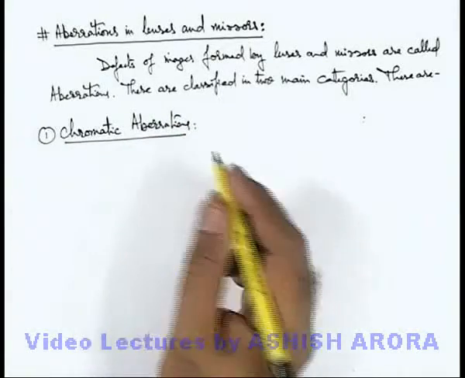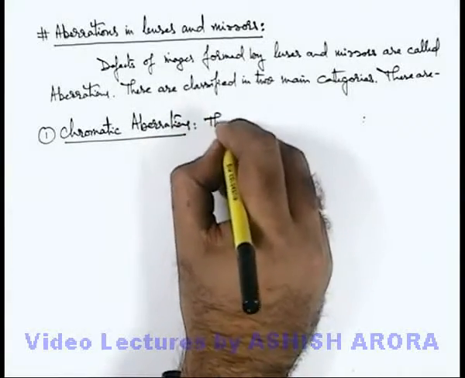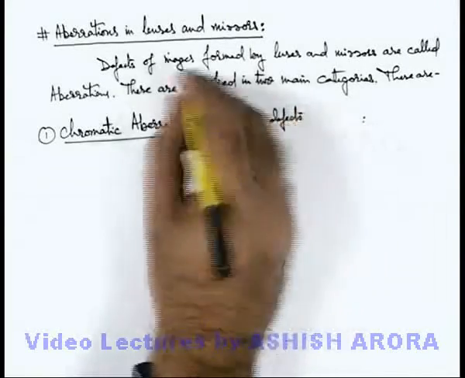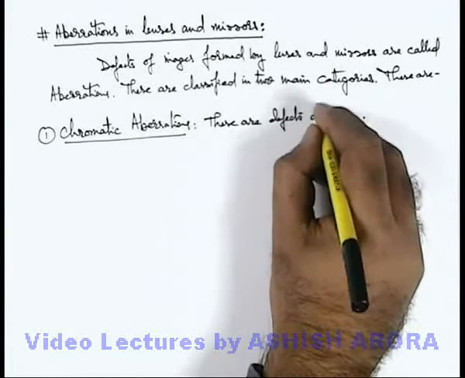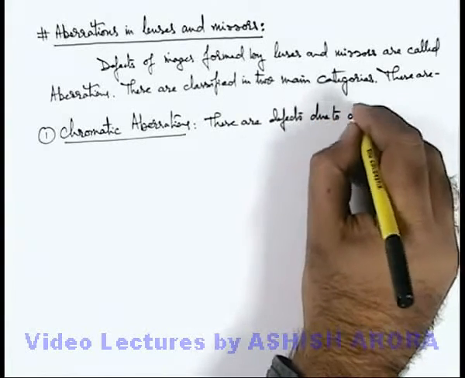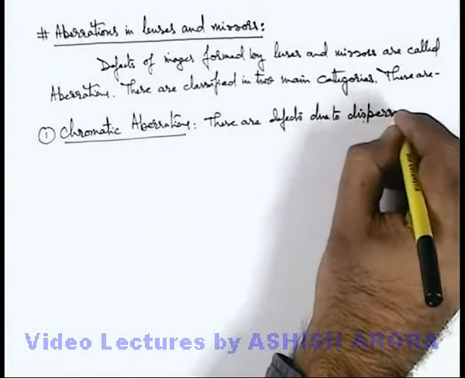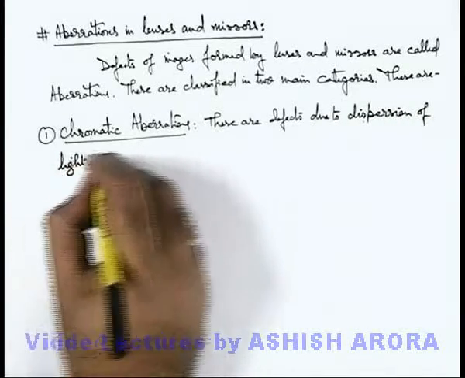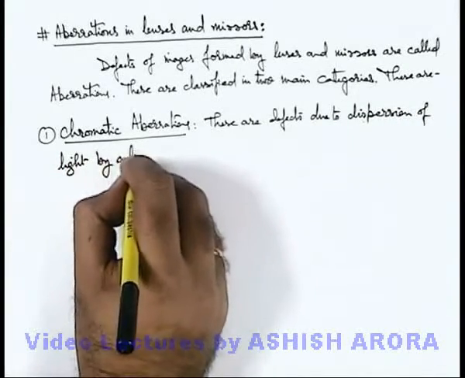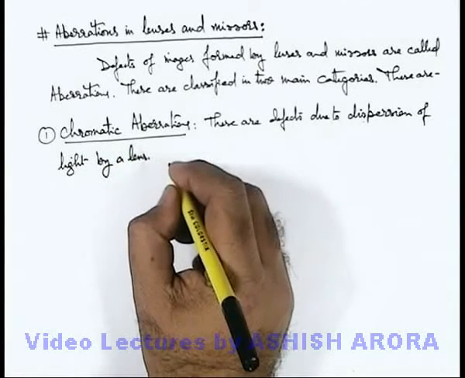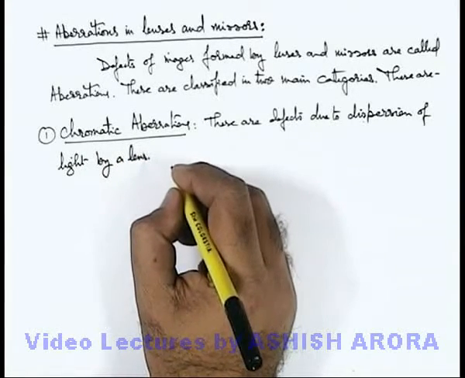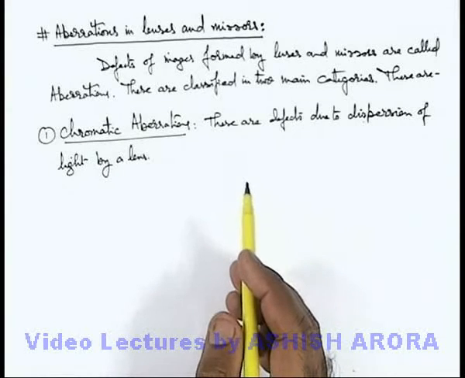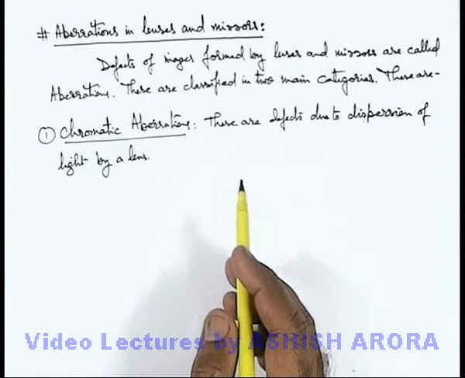About chromatic aberrations we can write, these are defects, obviously defects in images formed due to dispersion of light by a lens, because of which the image is being produced or images are being produced. If more than one wavelength is there in the light, more than one image will be produced.